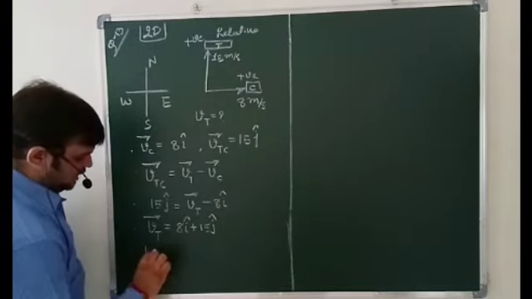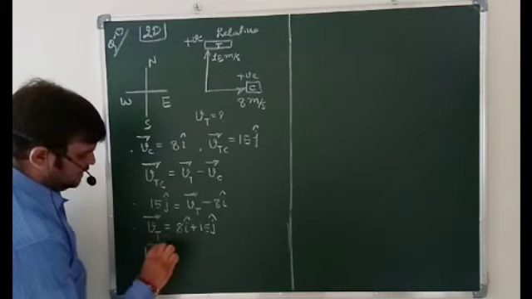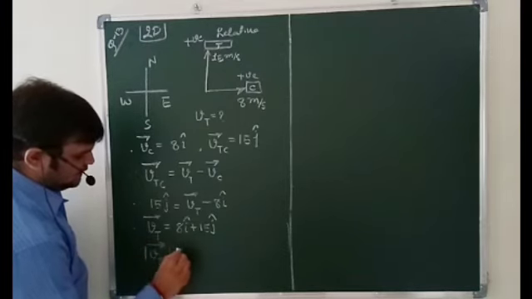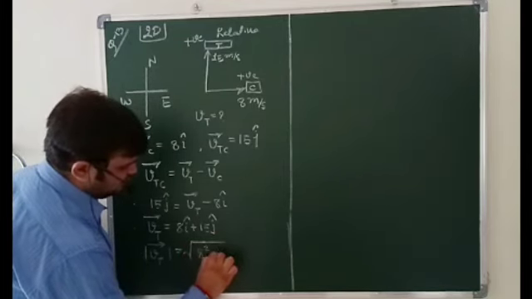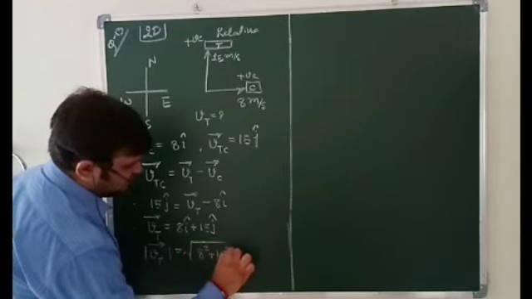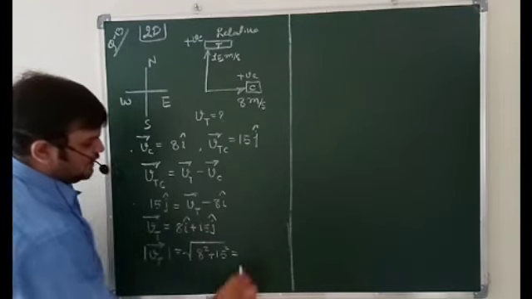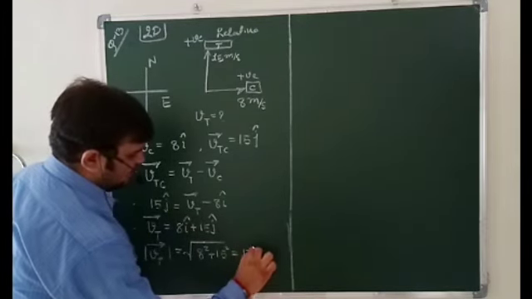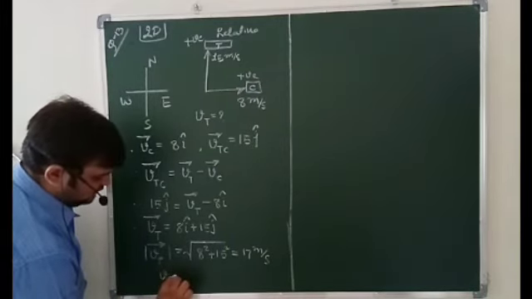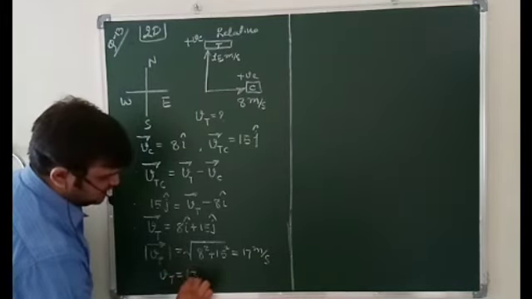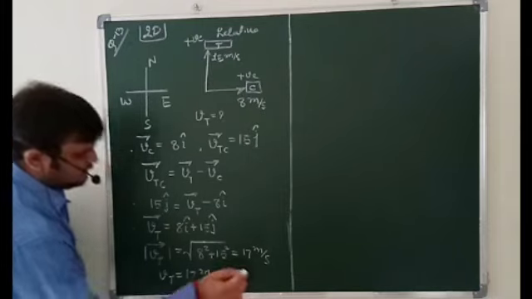So the magnitude of velocity of the train is the square root of 8 squared plus 15 squared, so it becomes 17 meter per second. So Vt, the velocity of train, is 17 meter per second.